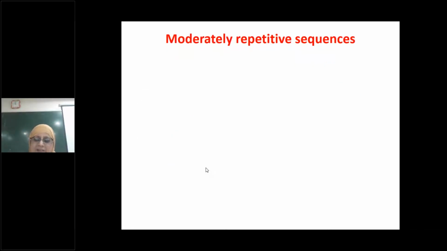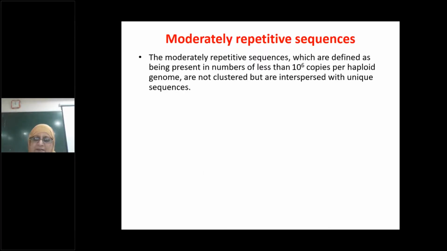While the highly repetitive sequences are only 6 to 7 base pairs in length, the moderately repetitive sequences are larger. They vary between 100 to 300 base pairs in length, and they are present in fewer than 10 to the power of 6 copies per haploid genome. They are not clustered, but are interspersed with unique sequences.